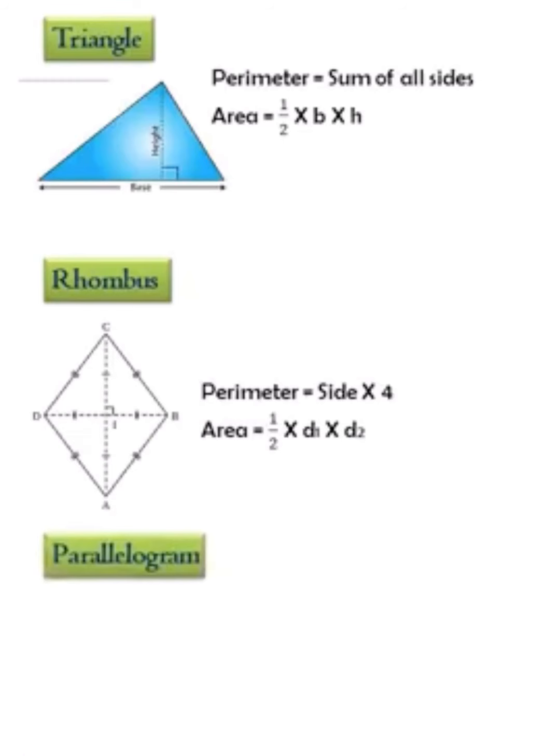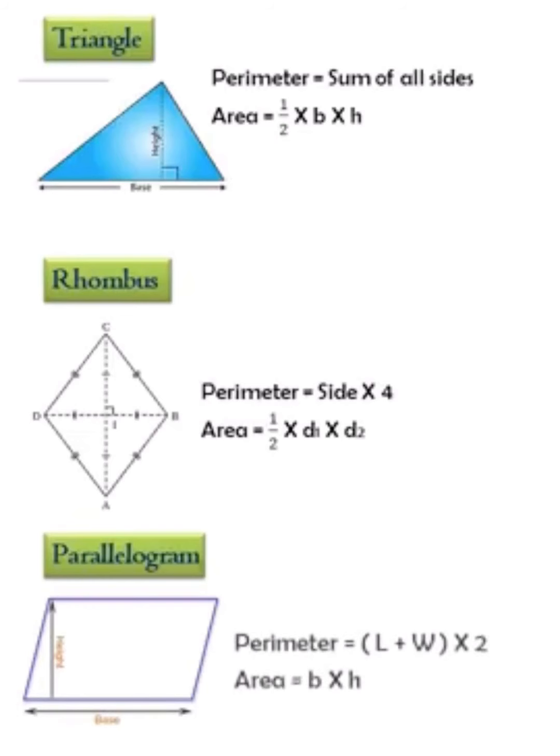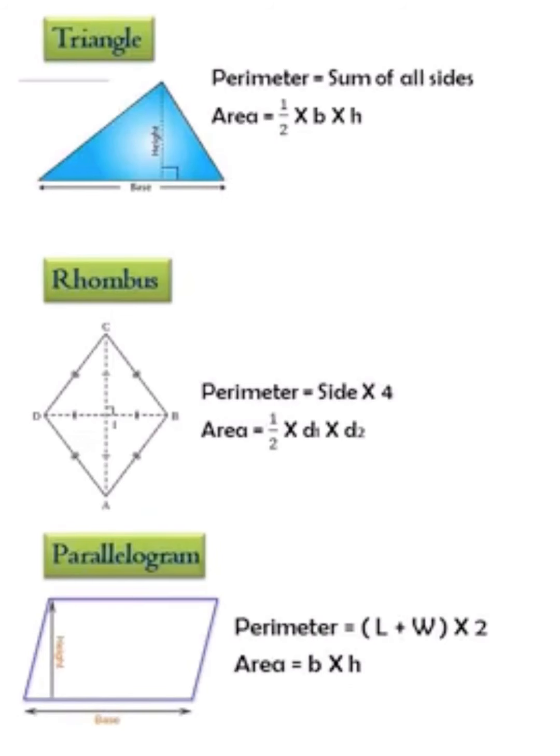Finally, parallelogram. Remember the parallelogram? A parallelogram has base and height. Perimeter of a parallelogram: length plus width, all by 2, like the rectangle, and it has 2 lengths and 2 widths. Area of a parallelogram: base by height.